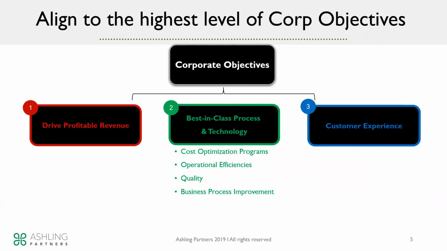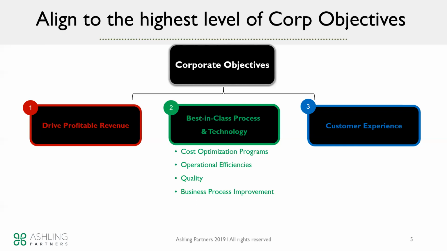Then you look at it from your department within the organization and how you align to those overall corporate objectives. And then what processes or automations will do to align to your corporate objectives. And so first, making sure that you understand the highest level of corporate objectives.